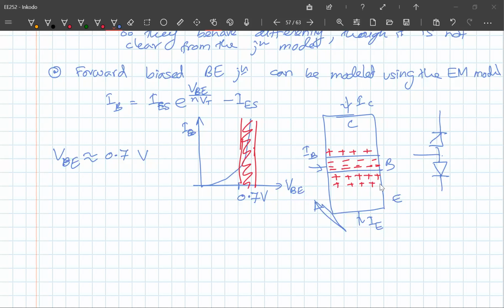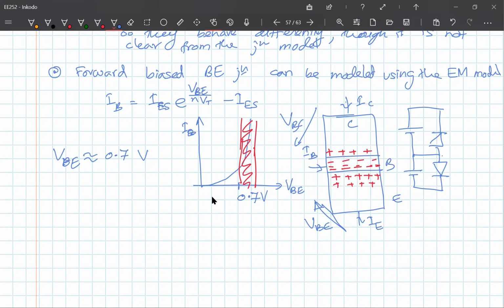So this way, VBE is positive, but VBC is negative. So therefore, this is still the reverse bias, but this is forward bias, something like this. So that's basically the arrangement that you should have. Under such conditions, we remember that we said we can use the Ebers-Moll model to characterize the relationship between IC and IB.